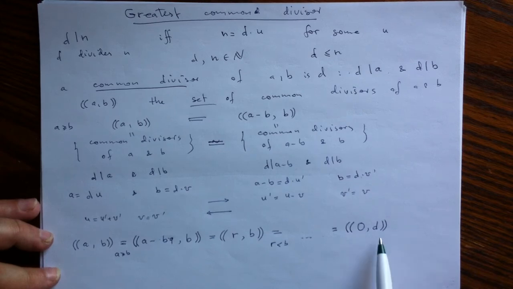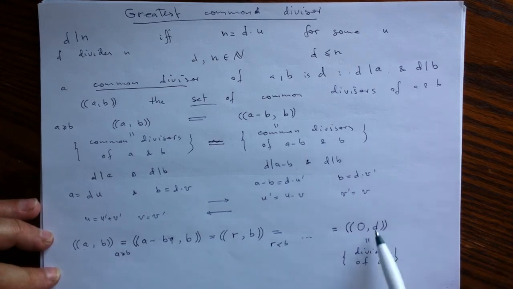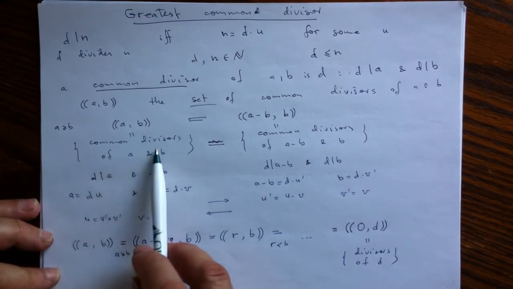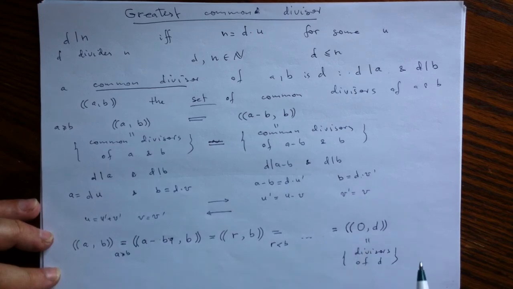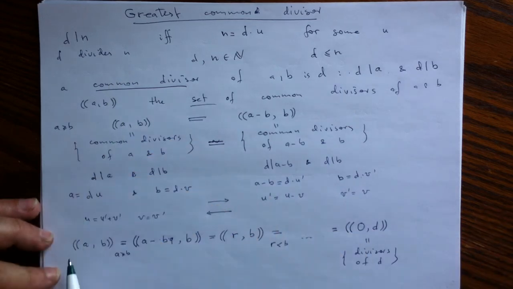Everything divides 0, so the condition is just that this is the set of divisors of D. So all of the numbers in this set, by the definition common divisors of the pair 0, D, are divisors of D. So D will be the greatest in the division sense. So that's a justification that for any pair of numbers there is a greatest common divisor.